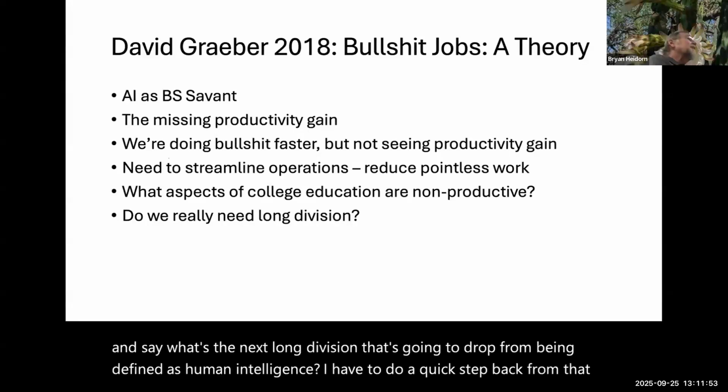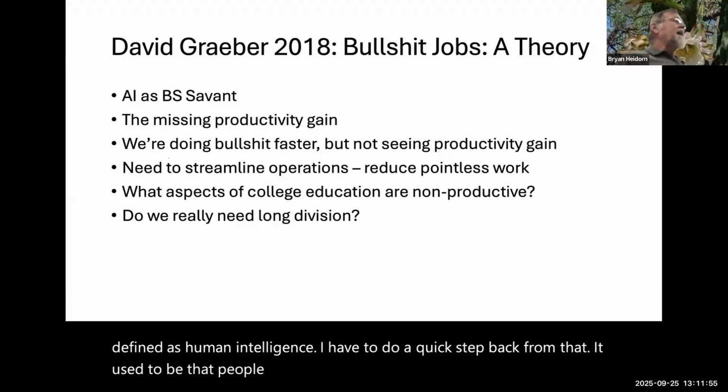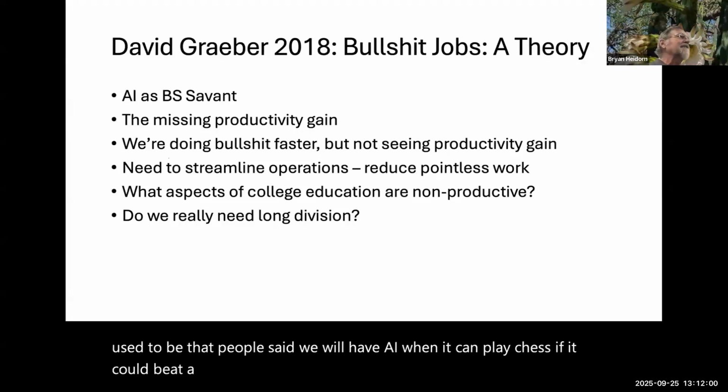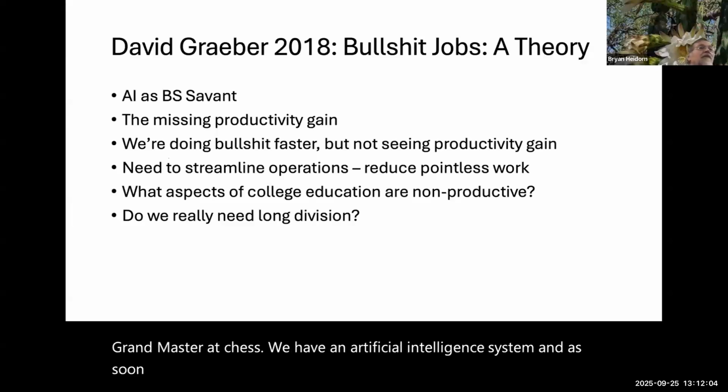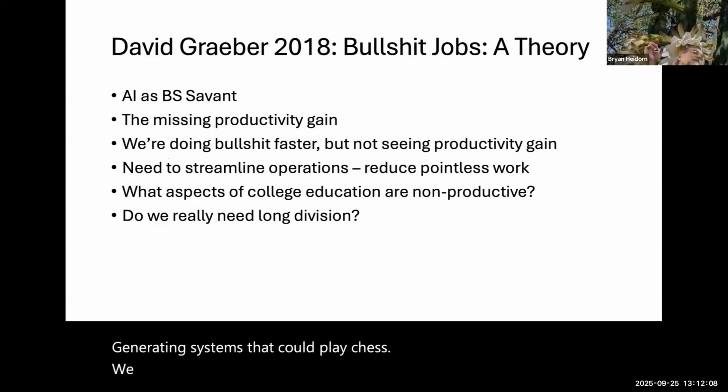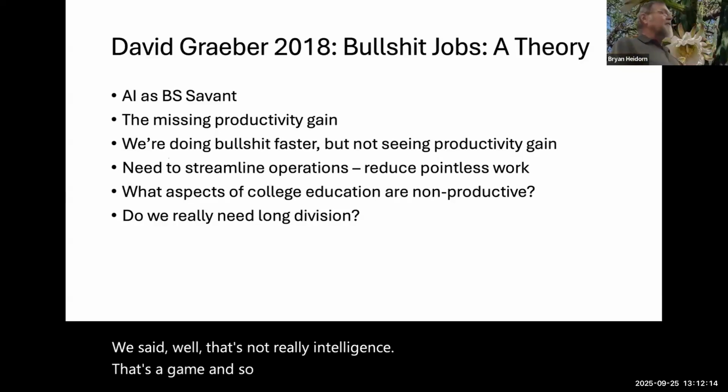I have to do a quick step back from that. It used to be that people said, we will have AI when it can play chess. If it could beat a grandmaster at chess, we have an artificial intelligence system. And as soon as we started generating systems that could play chess, we said, oh, well, that's not really intelligence. That's a game. So it's not intelligence, the computer's not intelligent.